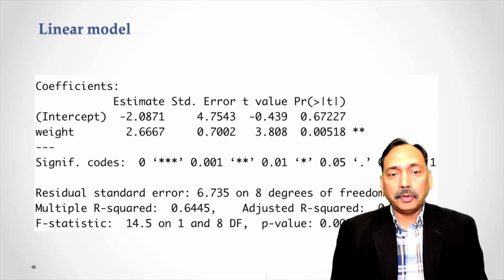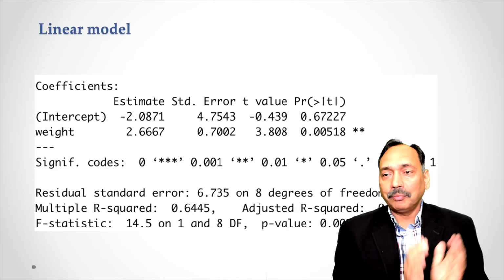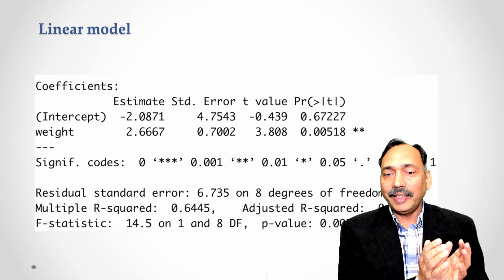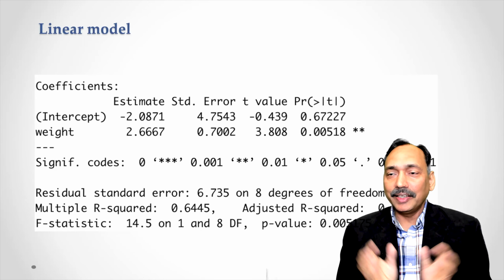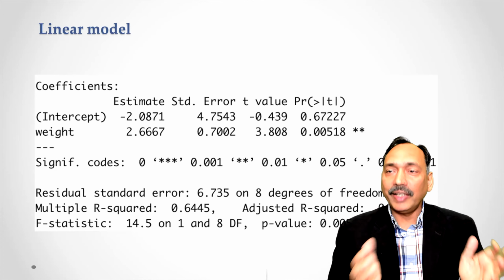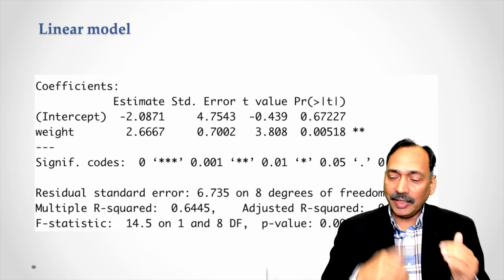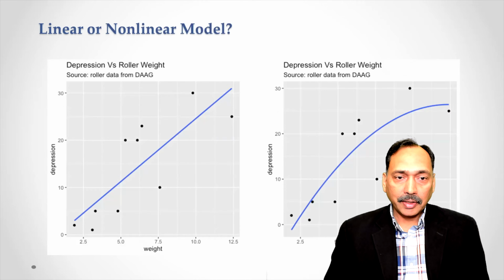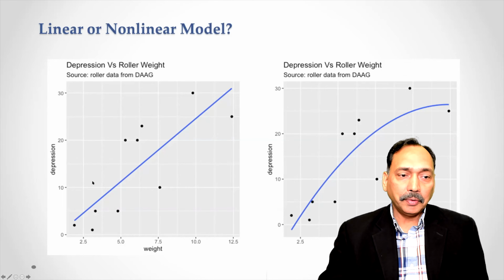So the model basically has two components in it. One is the explained variability: why do we see variation? If you look at this scatter plot, we see variation here.